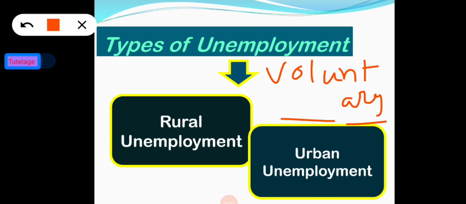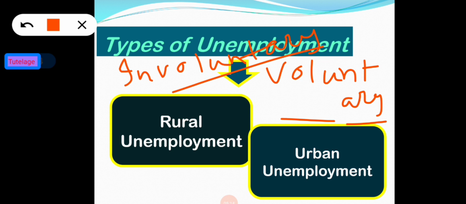So that's why those persons are called voluntarily unemployed. And on the other hand, we can see another type of unemployment, that is involuntary. So what do you mean by involuntary unemployment, learner? Involuntary unemployment refers to a situation when people are willing to work at the prevailing wage rate but are unable to find work.